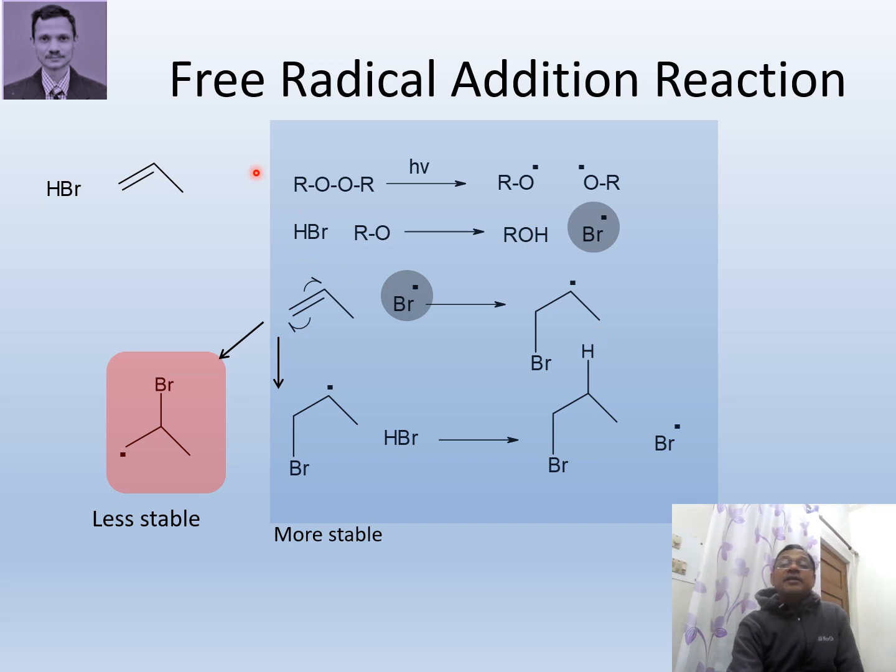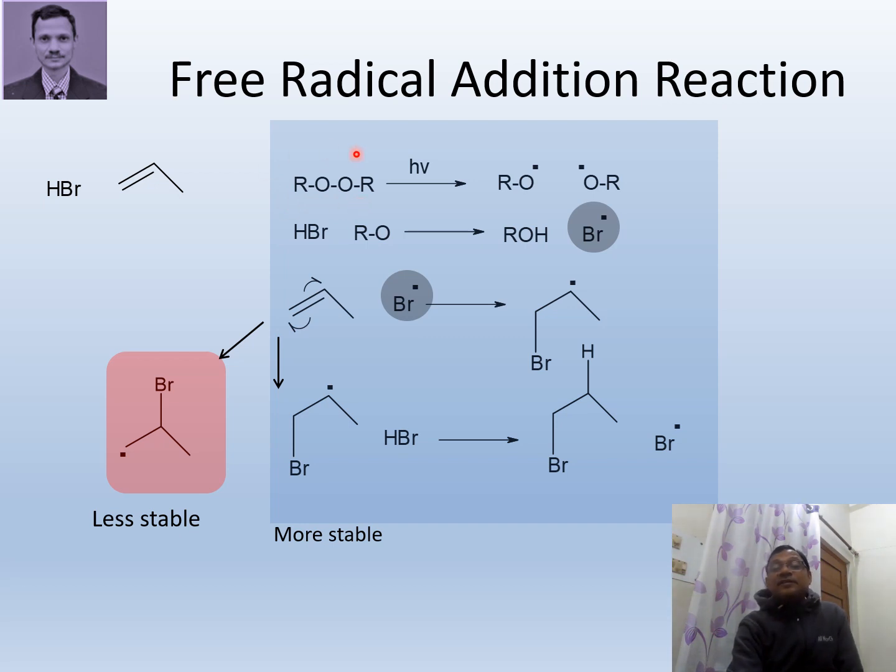Now another is free radical addition reaction. When free radical initiates the addition process, we call it free radical addition reaction. Like the same olefin reacts with hydrogen bromide in presence of a peroxide.